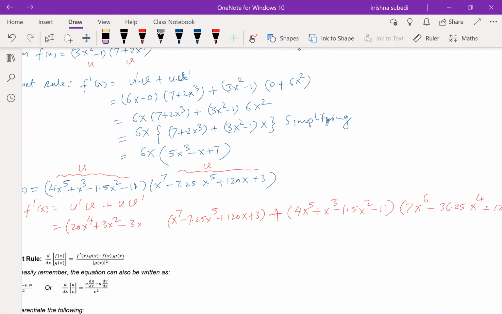If you want, you can multiply and simplify it, but that simplification is just high school stuff. So we don't do it here. Our goal is to find the derivative and we are done. If you want, you can simplify just for fun, but you don't need to.